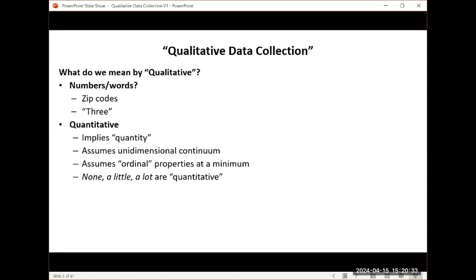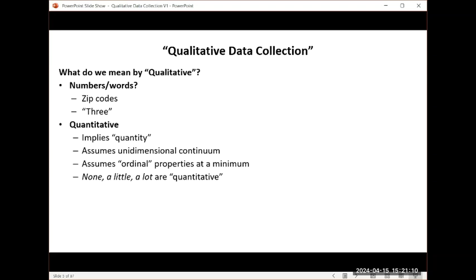The adjective implies quantity, and in implying quantity, it assumes two fundamental things. First, that we are talking about a unidimensional continuum, and that the continuum is at least ordinal in its framing. The notion of none, a little, a lot, those are quantitative concepts. You can apply them to anything. That is literally an ordinal scale.